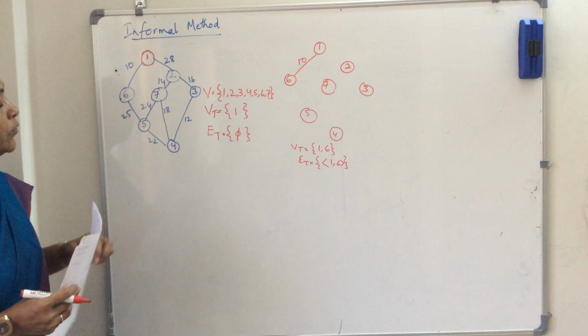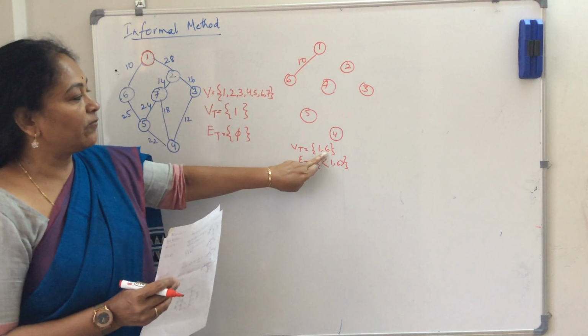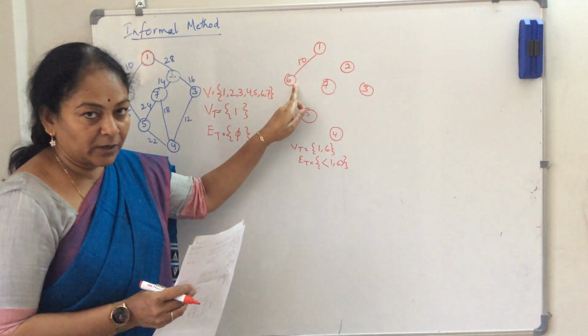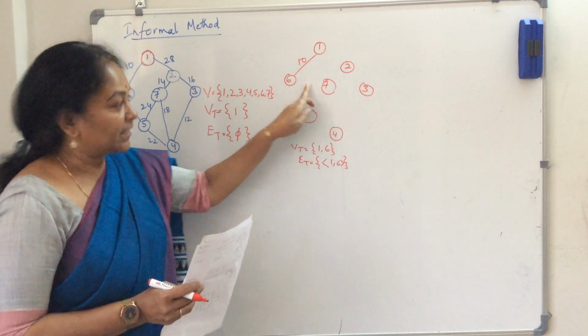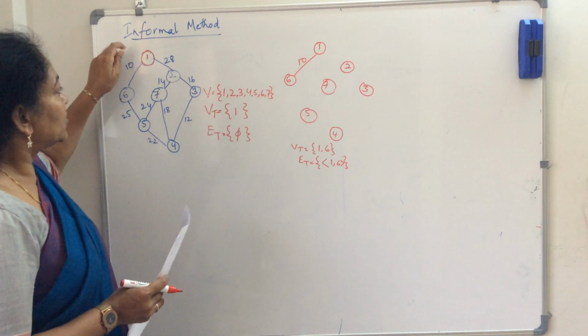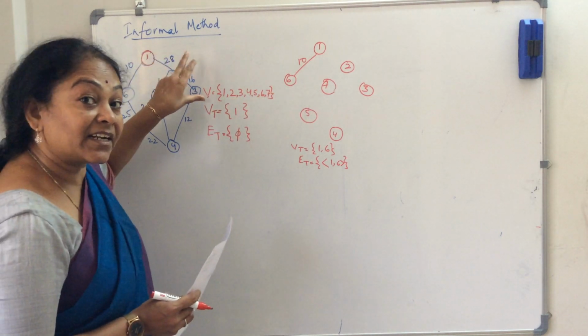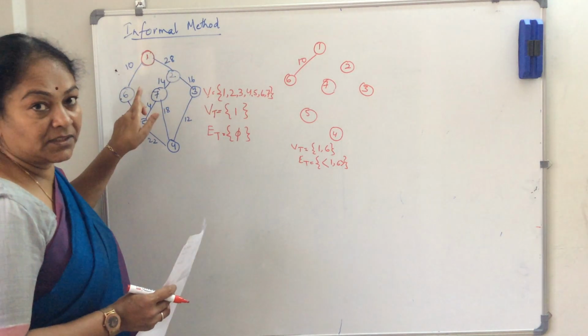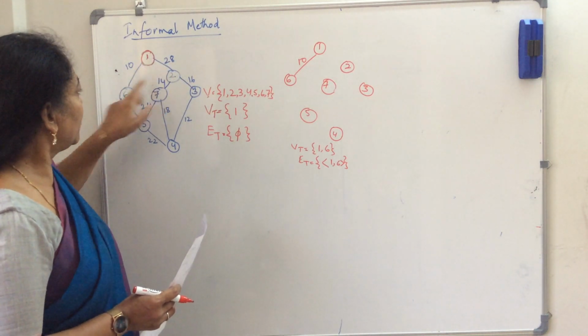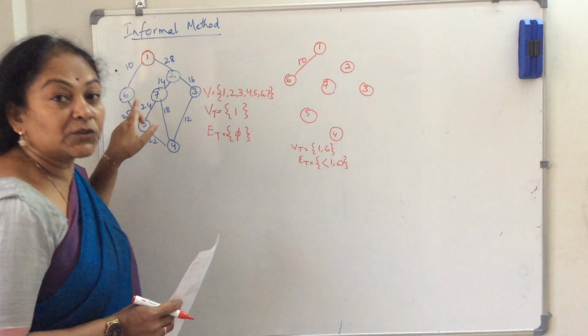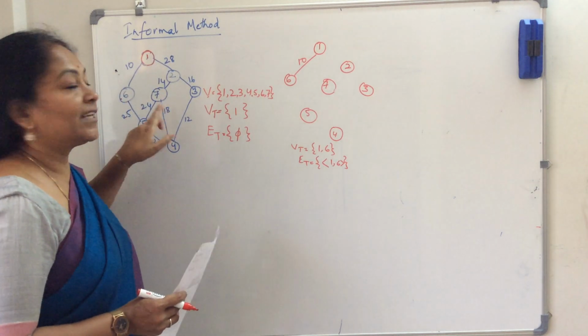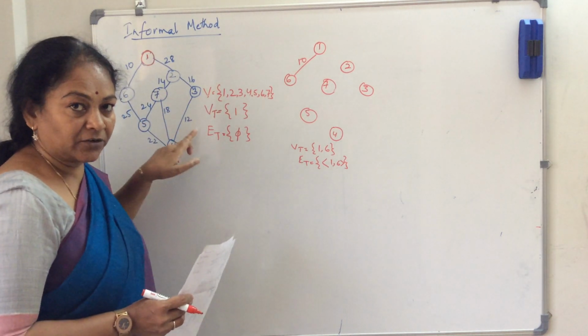Now you are going to consider that VT consists of 1 and 6. The vertices 1 and 6 have already been selected. So you are going to check which vertices are connected to both of these vertices, that is 1, 2 and 6, 5. Among these two edges, which one is carrying the minimum cost, that we have to consider.